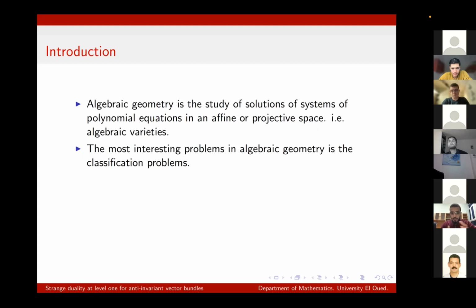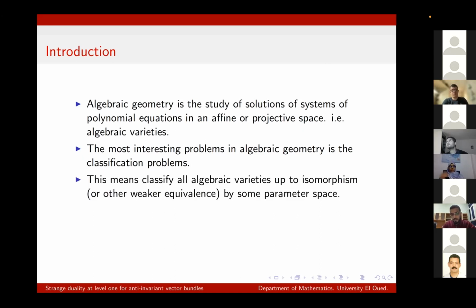So we want to understand how these structures, for example algebraic varieties as a special case, behave in families, or how they move in families. The solutions of these classification problems are what we call moduli spaces.